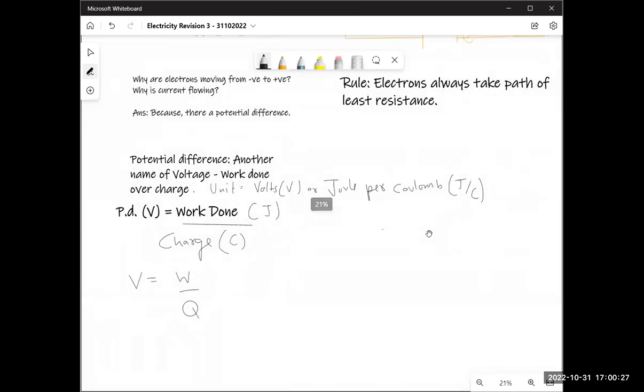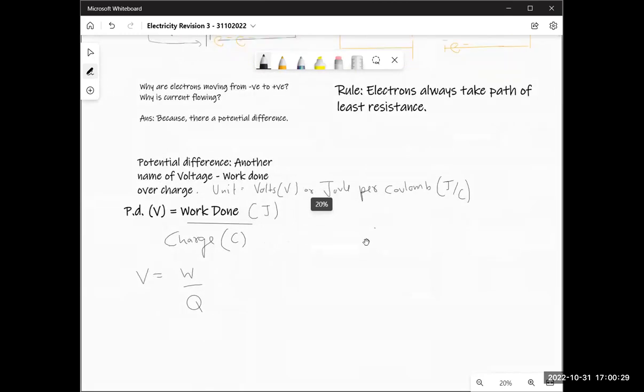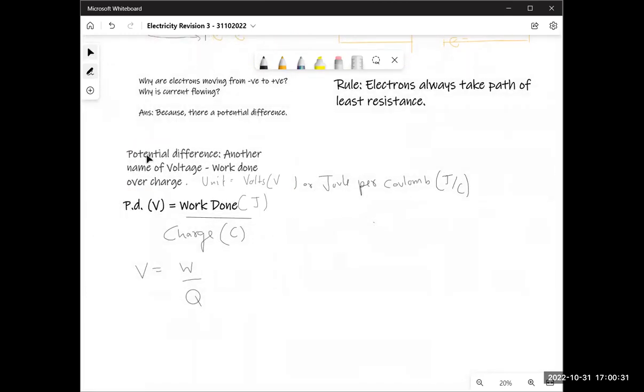Now quickly finish writing this and tell me when you're done. Well, how do we get joule per coulomb, Diana? How do we get the joules per coulomb as a unit?